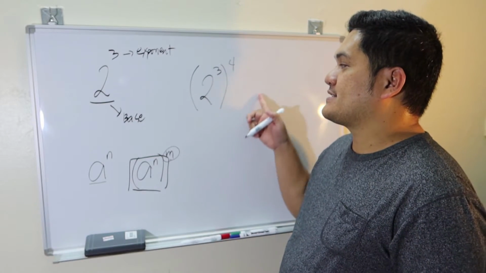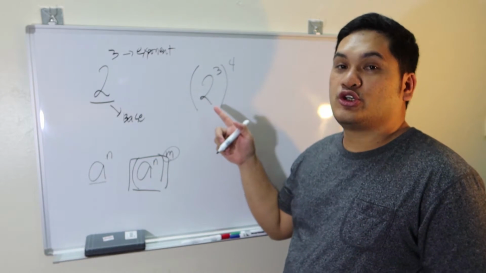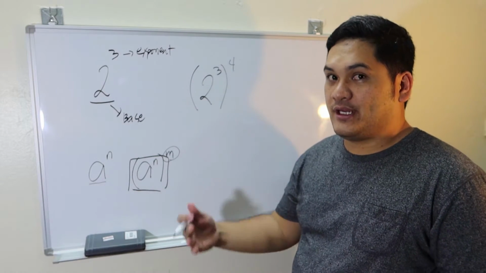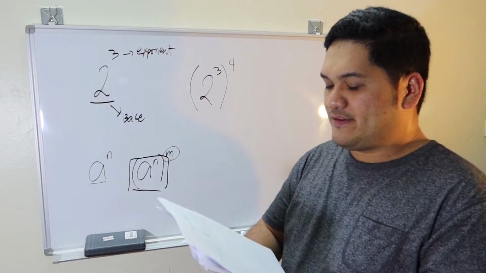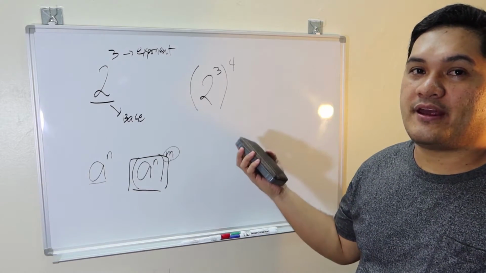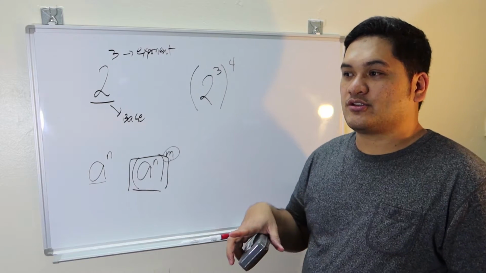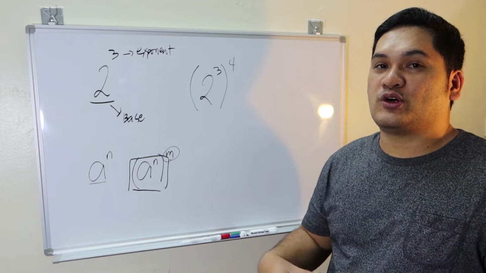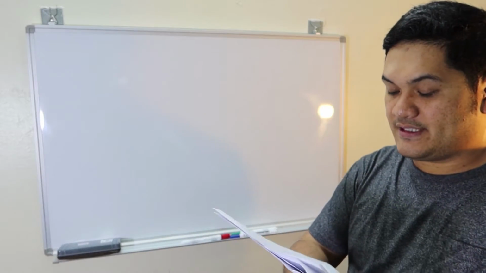So, here in this example, yung base natin is 2 raised to 3 raised to the power of 4. So, let's have an example. Ang gagawin mo lang daw dito is, you have to multiply the powers. Tapos, i-simplify mo yung number. So, doon na sasabihin niya kung ilang beses mo siya dapat i-multiply.